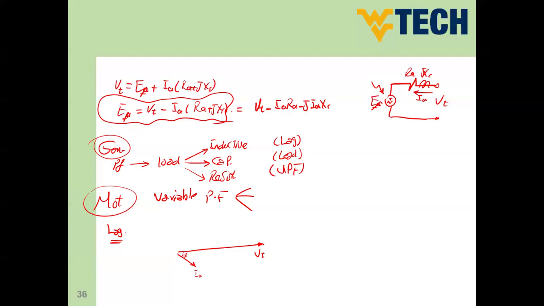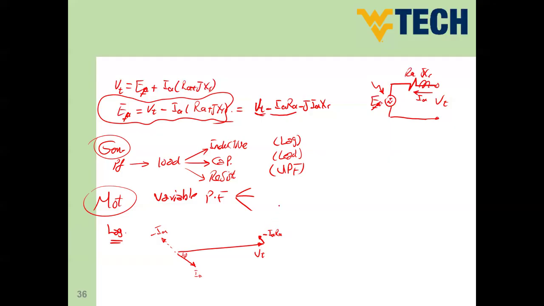This is V. So this is the first term of the phasor diagram. Now I need to make the vector minus IARA. IA is a vector, RA is a scalar value. So if this is the direction of IA, minus IA is going to be the opposite direction like that. So the vector minus IARA is going to be in the direction of minus IA. So this is minus IARA.